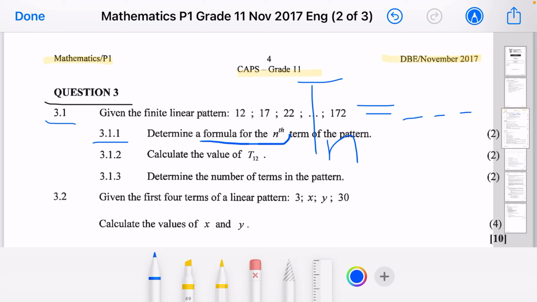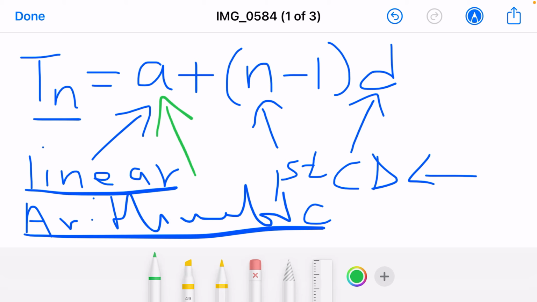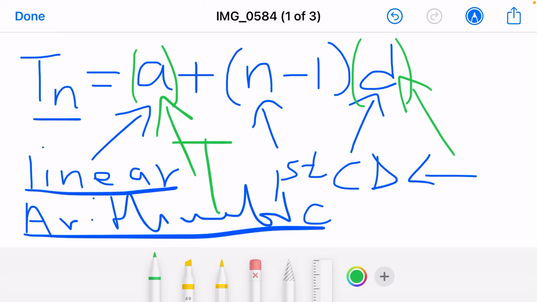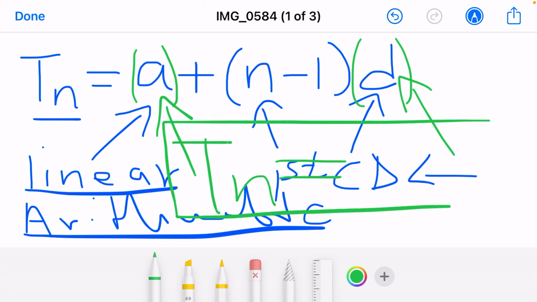Okay, so obviously you might find that you need to use that formula, ladies and gentlemen. And also, as you do that, you might need to ask yourself, do you have the value of a, ladies and gentlemen? Do you have the value of d, ladies and gentlemen? If you do have those values, substitute in brackets, and simplify until you've got Tn equals to a simplified formula, ladies and gentlemen.